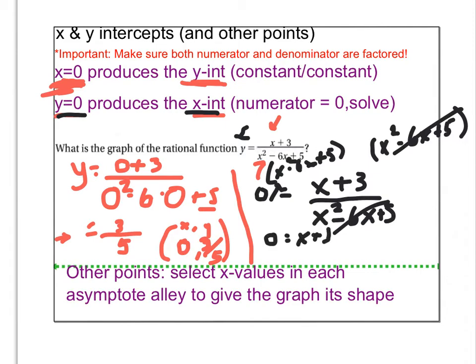This will always happen. So then, I'm going to kind of go this way because I'm running out of room. You just bring the 3 over, you get x equals negative 3. So what was my y value? 0. And what's my x value? Whatever I calculated, whatever made the numerator 0. So you're going to see that on my next problem.